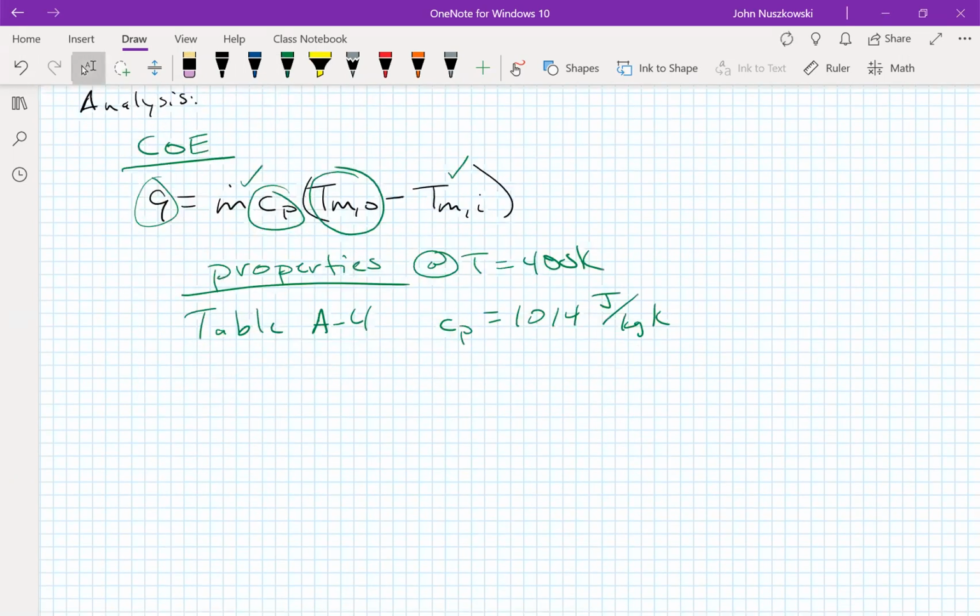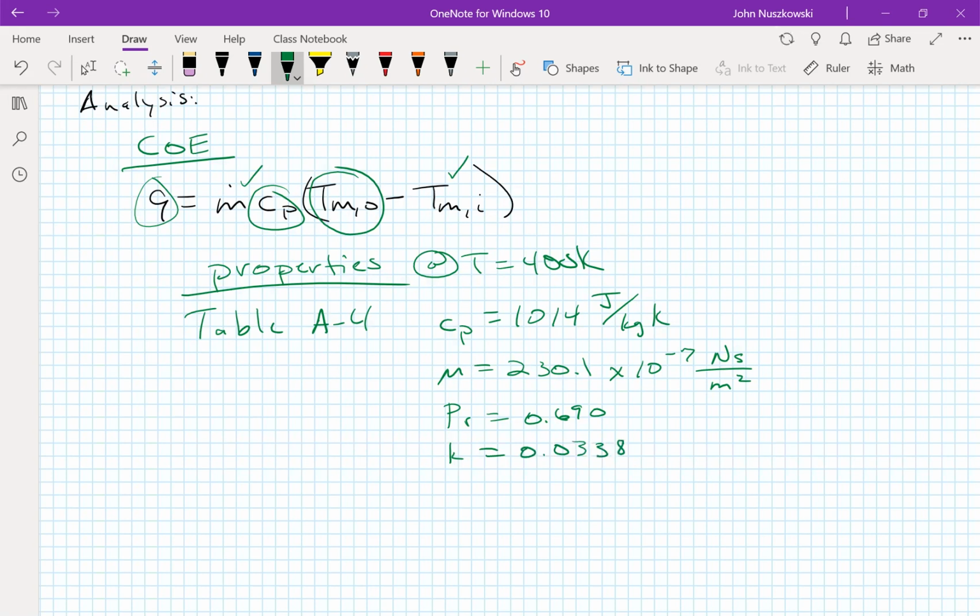We have dynamic viscosity, 230.1 times 10 to the negative 7 Newton seconds per meter squared. We have Prandtl number, it's 0.69. We have thermal conductivity, it's 0.0338 watts per meter Kelvin. All right, so a bunch of properties written.